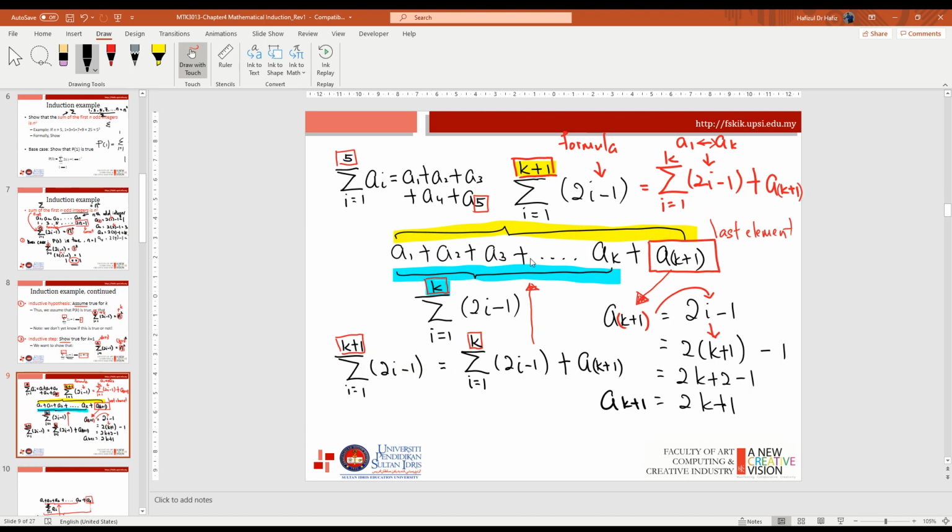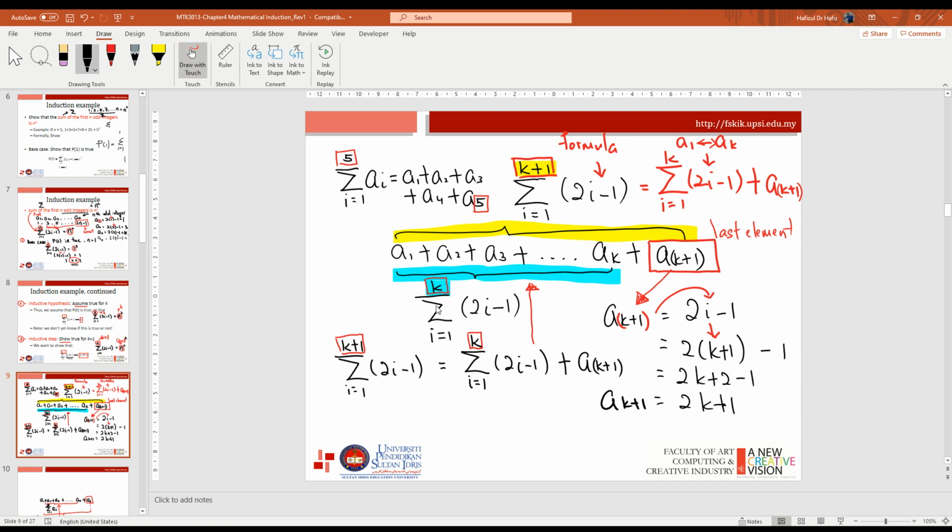This is the formula: a1 plus a2 plus a3 plus a4 and so on, up to k plus 1. The formula 2i minus 1 is equivalent to the sum up to k of (2i minus 1), plus a(k+1). Then we list out from a1 until a(k+1).